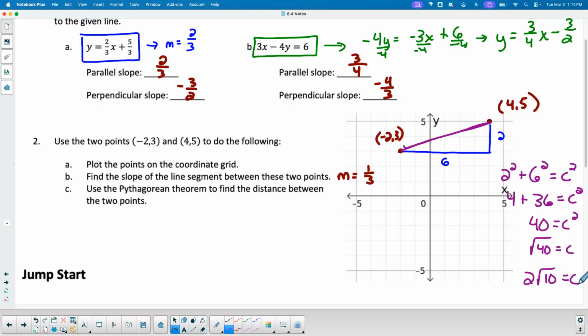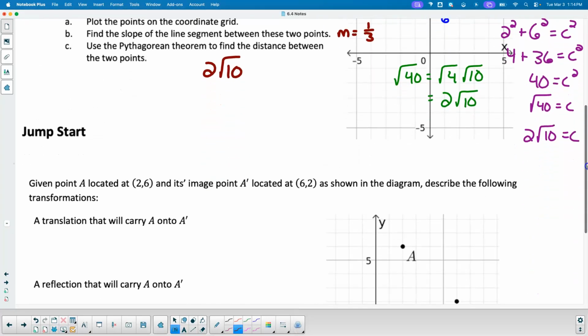Because the square root of 40 is the square root of 4 times the square root of 10, which is 2 square roots of 10. Good, good, and good. All right, so let's jump start, okay?